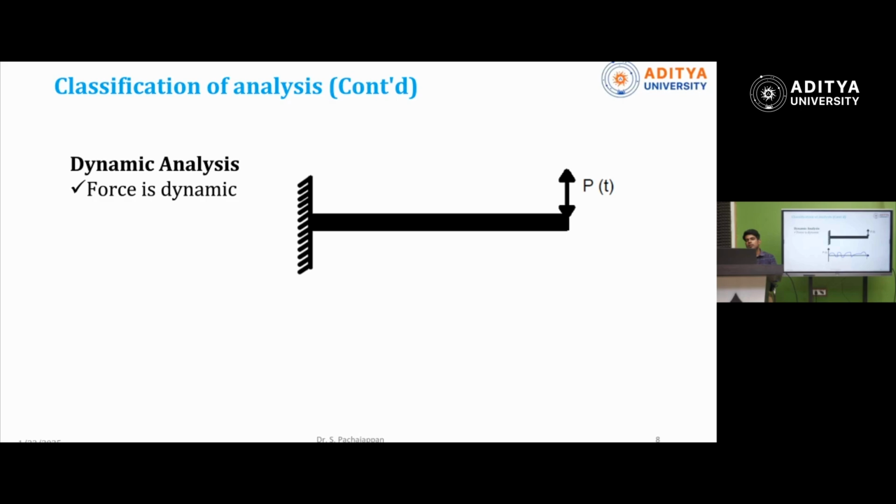So you see the load history of this dynamic load, it is random in nature. Here also two categories are there: deterministic loading, which is periodic loading, and then random load. So if you see here, it is not a periodic loading. The load is random in nature.